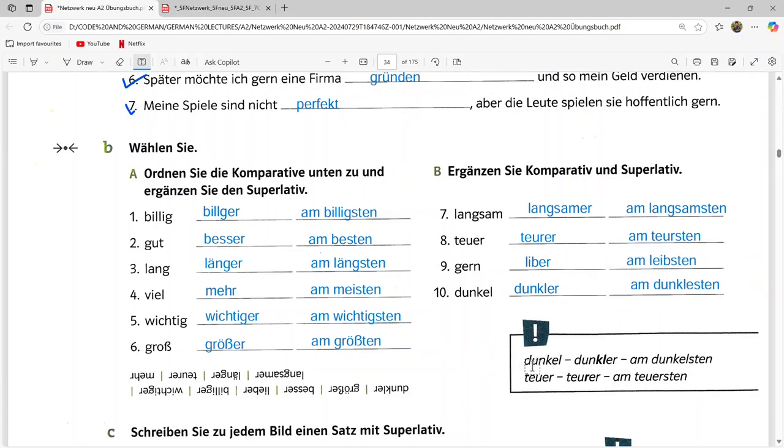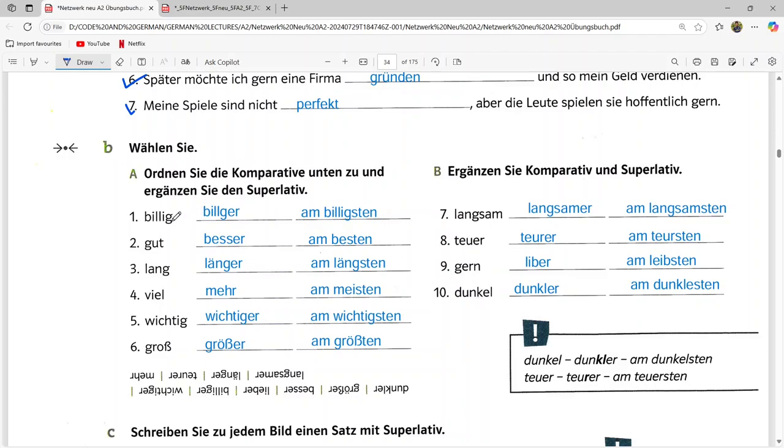See, in these two cases the spelling is slightly changed, teuer and dunkler, and in other cases it's the same. So what are the meanings? Billig means cheap, gut means good, lang means long, viel means more, wichtig means important, groß means big, langsam means slow, teuer means expensive, gern means to like, dunkel means dark.